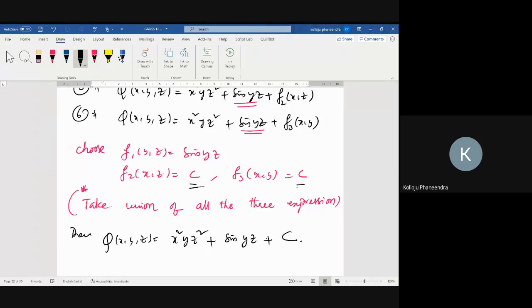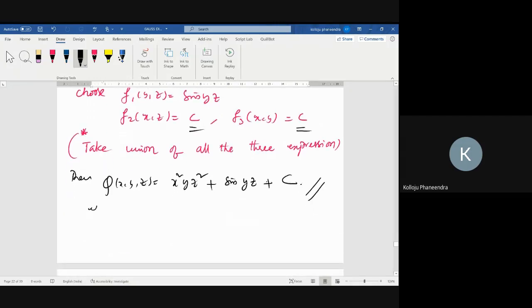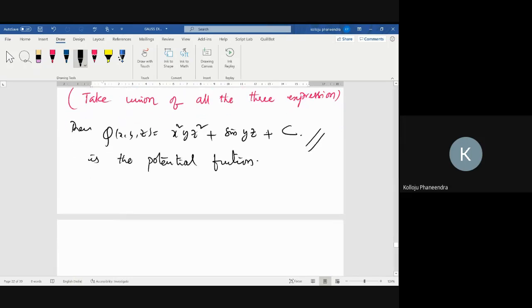This is the potential function. Any doubts you can raise. Just combine all three equations without any repeated term, the union of all the different terms gives the potential function.